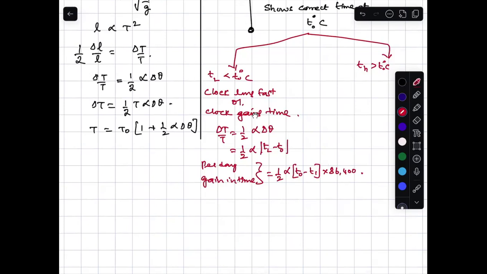When you write delta T by T per second, per day you will gain some time. That is not a big time. Throughout the day, temperature won't be T L, but even if you take it throughout the day as T L, alpha has some term of 10 power minus 6. So hardly a few seconds or even less than a second, you will have a correction.